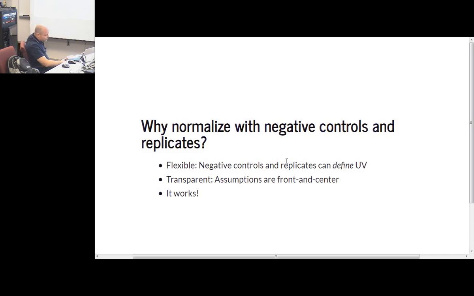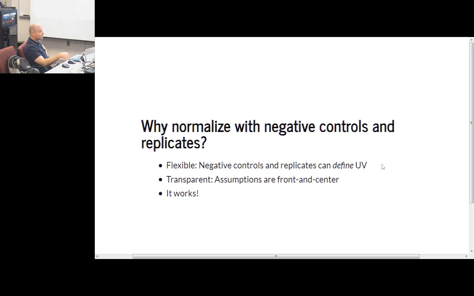Okay, so just to highlight why I think all of this is useful. Why do we want to try and remove unwanted variation using negative controls and replicates? One reason is because this general framework is somewhat flexible, in that the negative controls and the replicates not only help us identify the unwanted variation, but also, when we go to choose what is a negative control and what is a replicate, and I should say for a second, there are different notions of replicates.